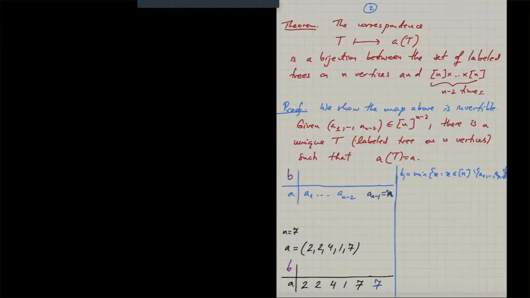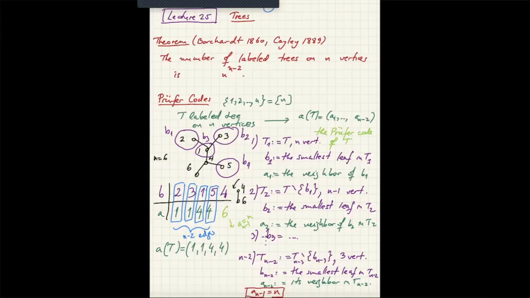Well, let's look again at what we did when we calculated the Prüfer code. You see, in the top row, the entries never repeat, because the top row keeps track of the leaves that we delete. So once, for example, the first entry 2 is in the top row, it never appears after that, because it's deleted from all the subsequent trees.